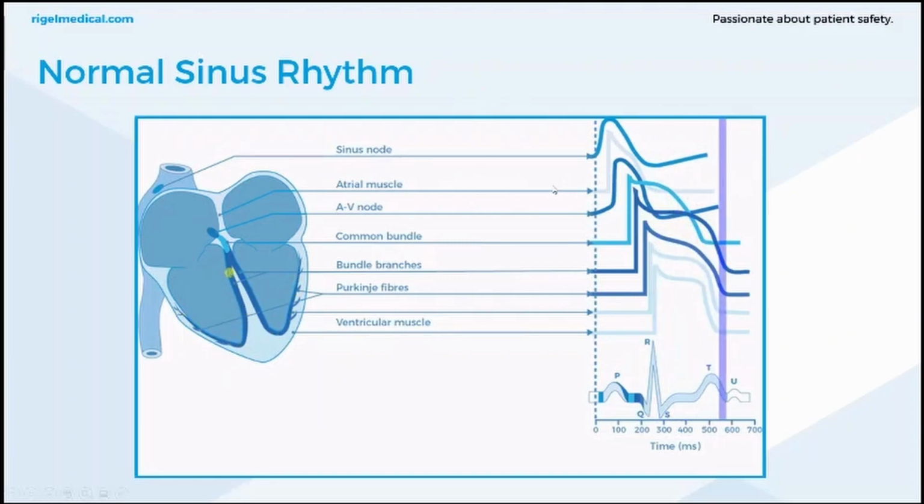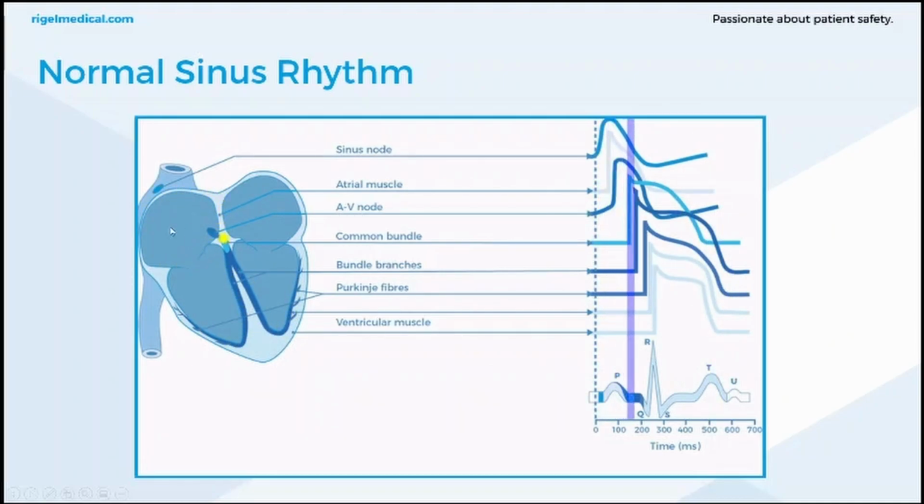So this is a normal sinus rhythm. We've got our electrical impulse here, and it shows how the electrical impulses flow from the SA node round to the AV node and into the bundle of His. And then you've got your ventricular muscles that contract. This is your R wave peak.